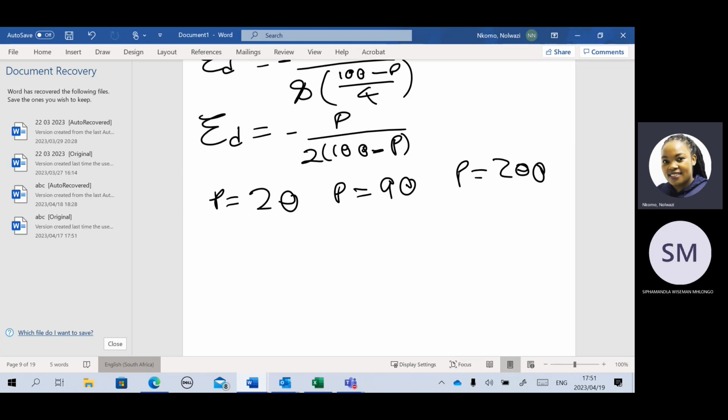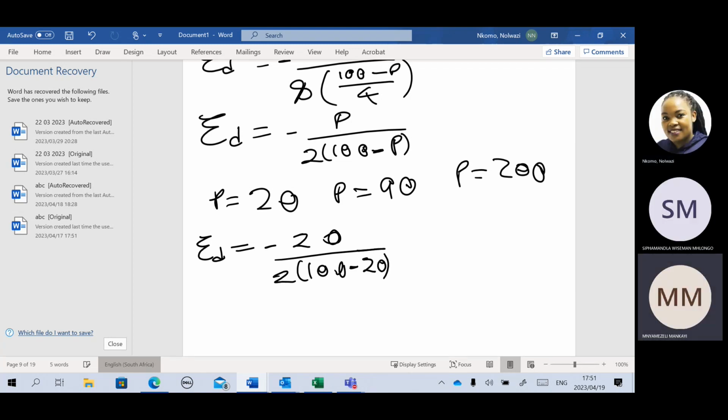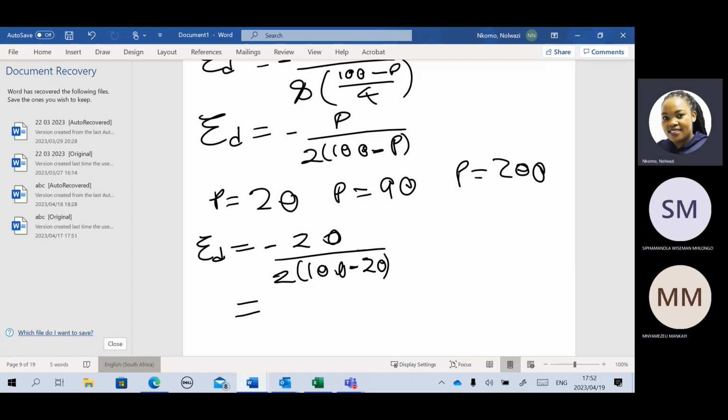First, I will substitute P equals 20 here. We have the elasticity of demand as minus 20 over 2 times (100 minus 20). If you substitute this here, you should get minus 0.125.